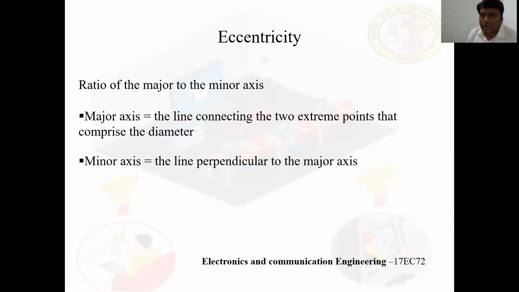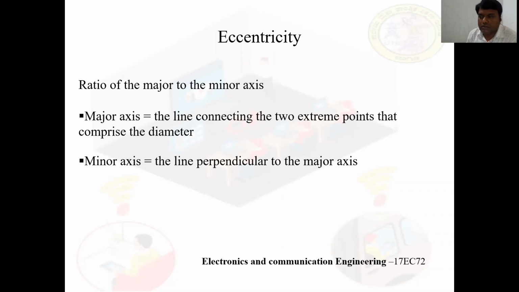Eccentricity is the ratio of the major axis to the minor axis. Major axis is defined as the line connecting the two extreme points that comprise the diameter. Minor axis is the line perpendicular to the major axis.